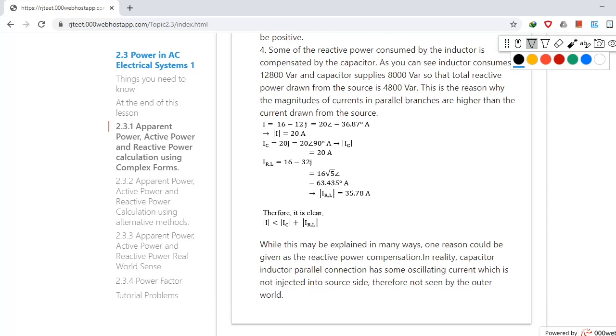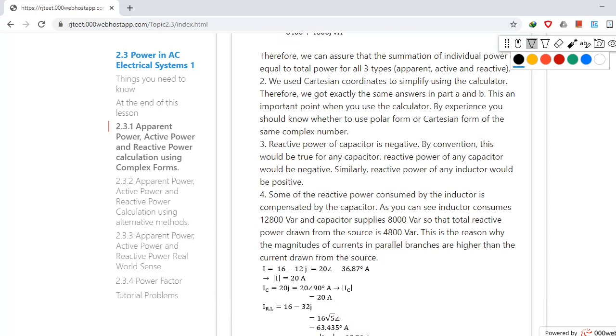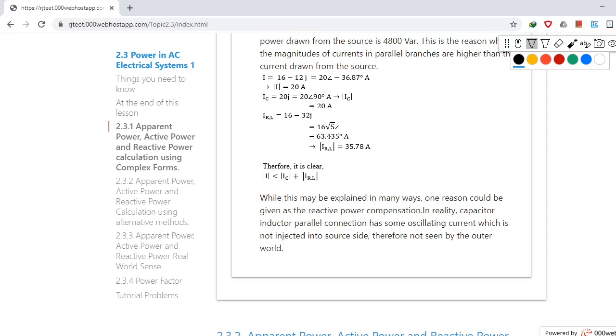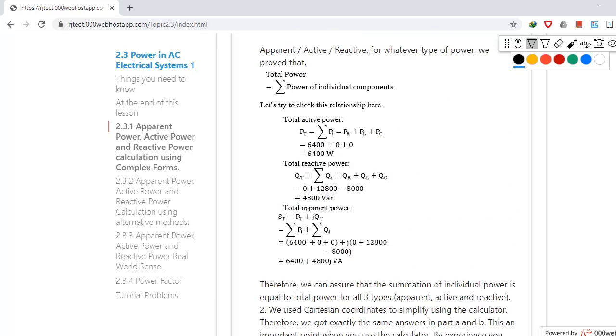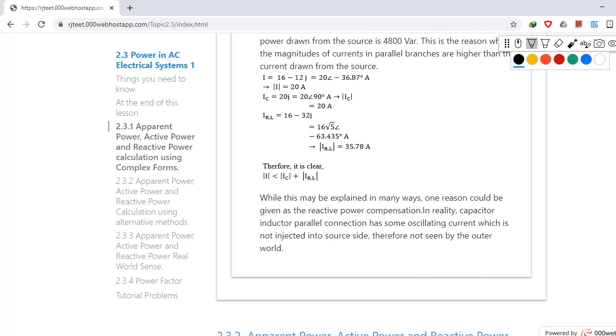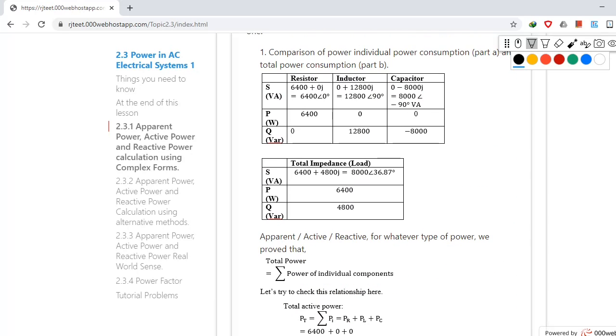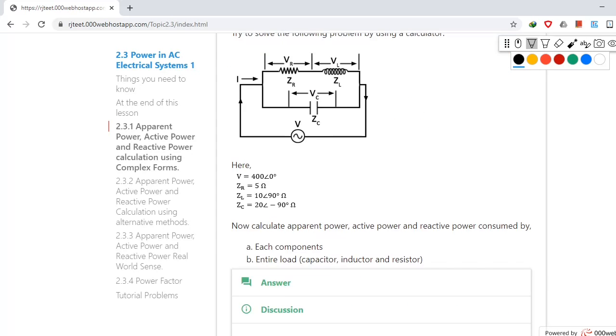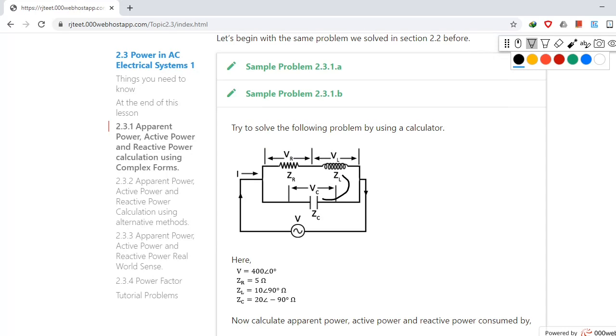So the idea is that the current drawn from the source has reduced because some of the power required by the inductor is now delivered from the capacitor, which means there is a current which is oscillating between these two branches. It's not injected into the total current branch.